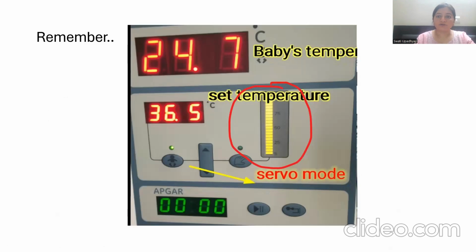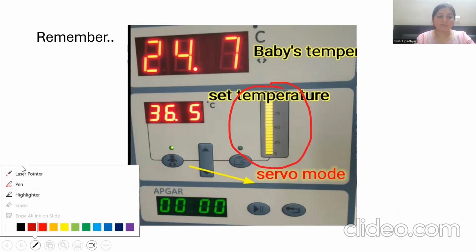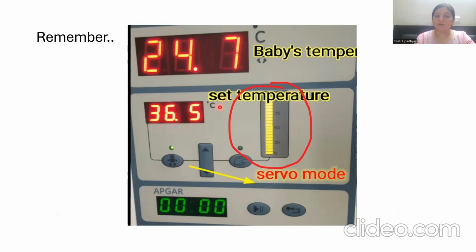Now, another very important thing which I want to share here is that whenever you are monitoring a baby in the NICU, when the baby is kept under radiant warmer in servo control mode, as you can see here, the heater output will be displayed on the display panel. Once the babies are stabilized and stable, most of them will not require a heater output of more than 5 to 25%.